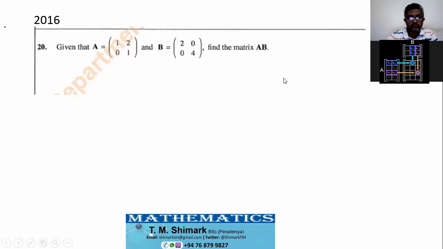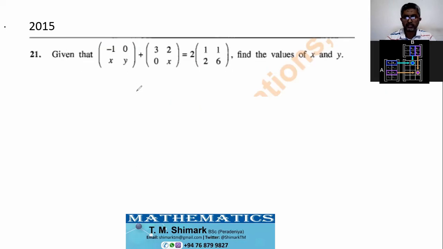Okay, this is a 2016 question. Find AB is the question. Can do, right? What's the answer? 2804. So I think these ones you can do, right? And then you want to find X and Y. I don't think this is difficult, right?